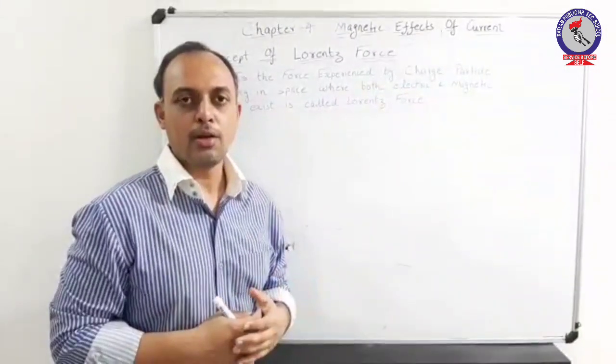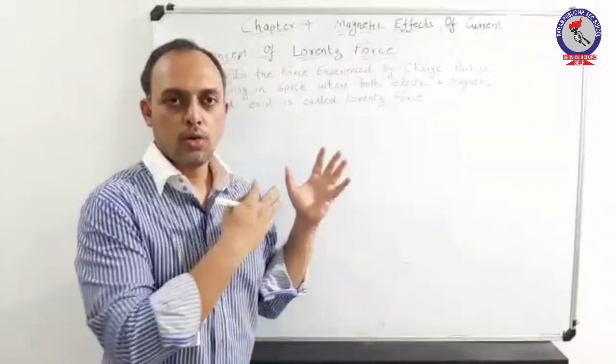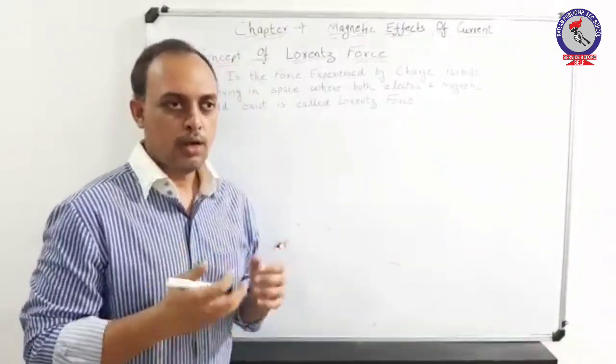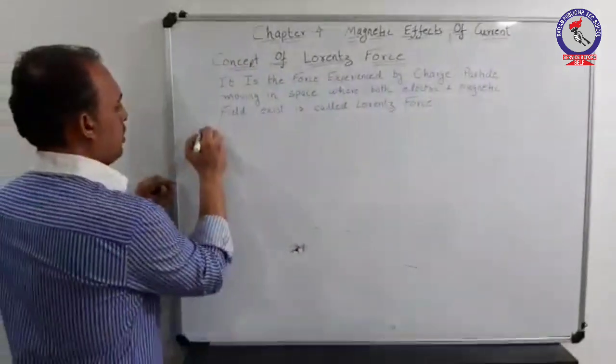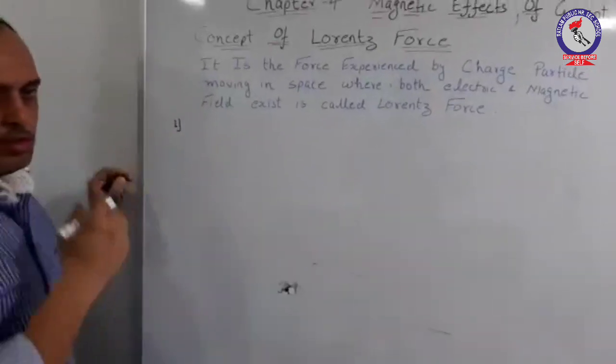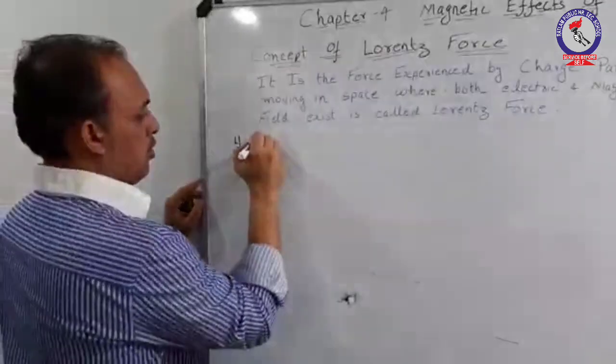What is the magnitude of this force? Going in forward direction with the help of this definition, let us suppose the first thing, considering the first point, that is the charge is in electric field.